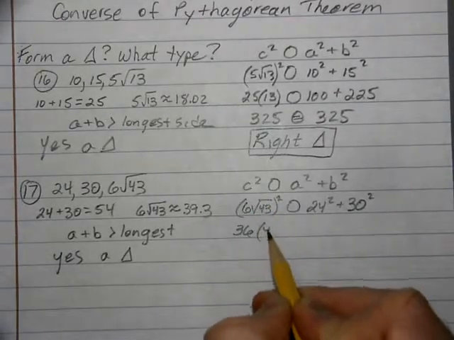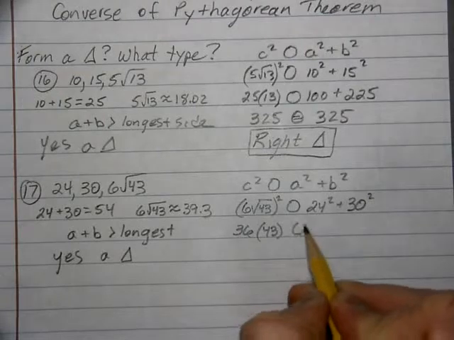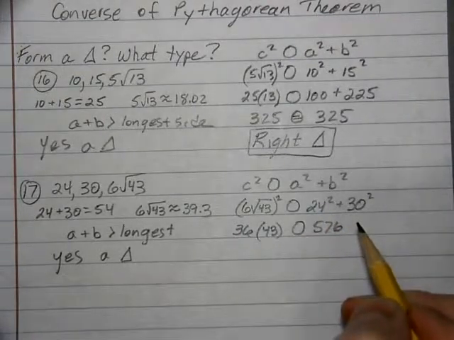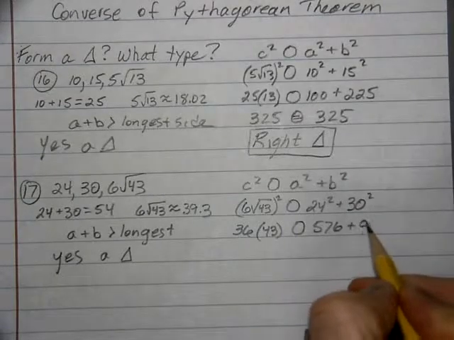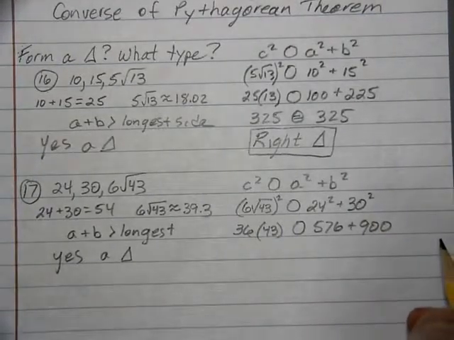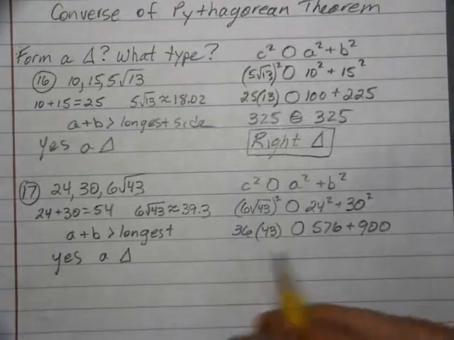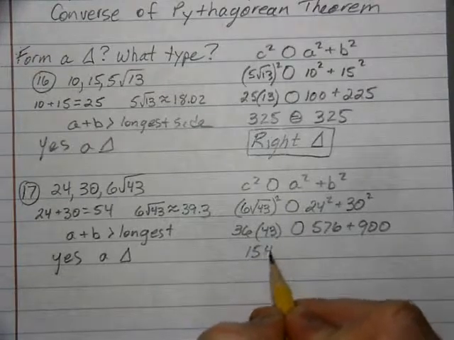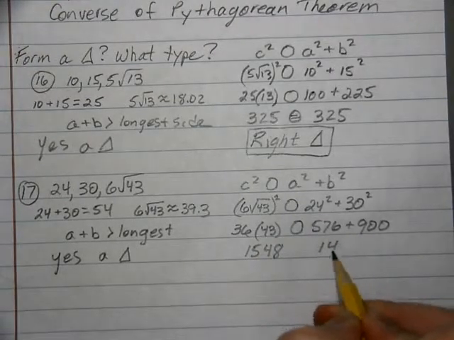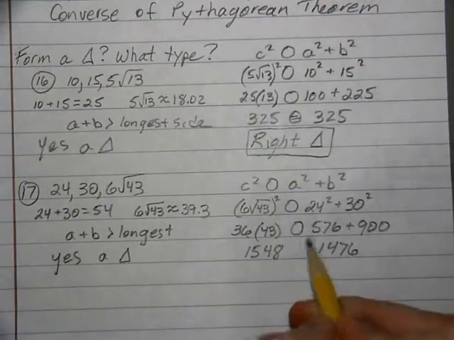You square the square root, you get what's inside. 576 when you square 24, and 900 when you square 30. 36 times 43 comes out to be 1,548. And when we add these two together, we get 1,476.